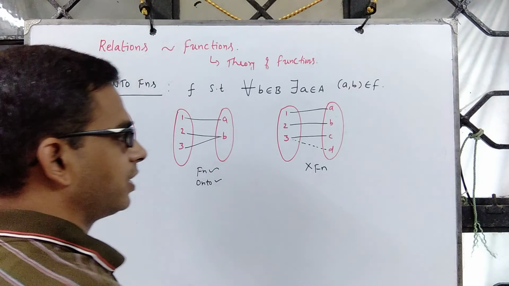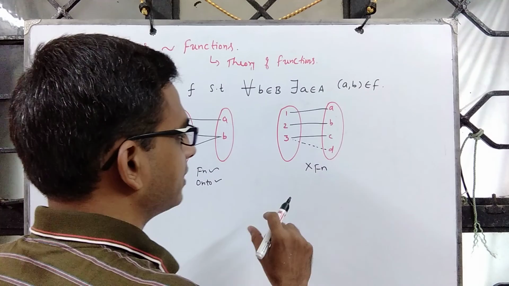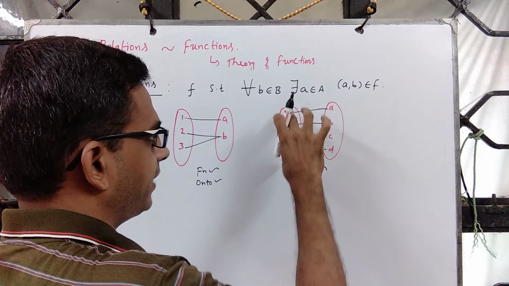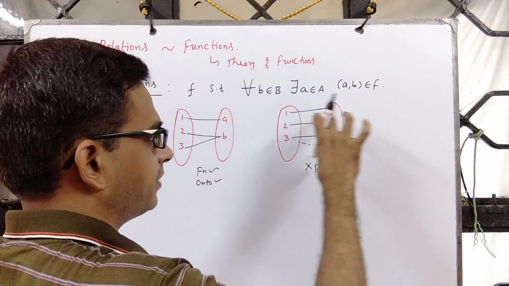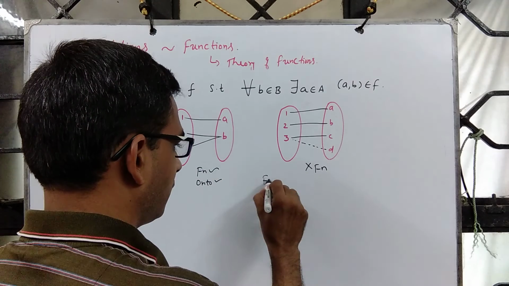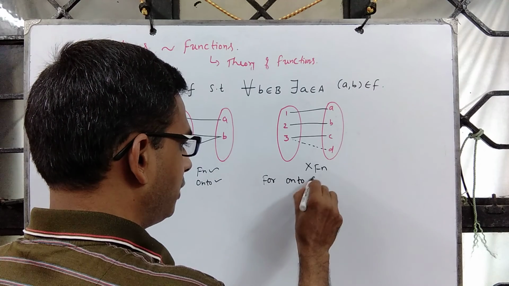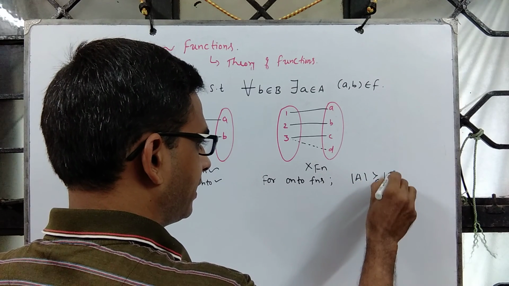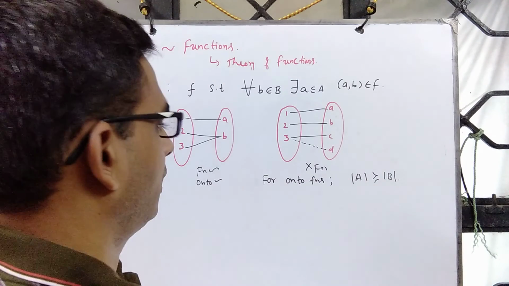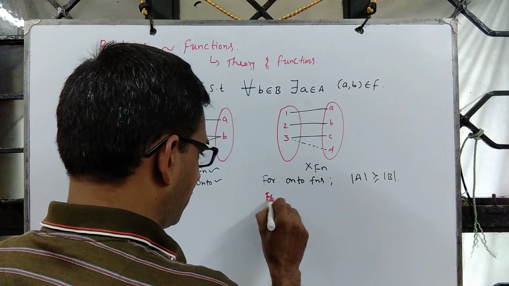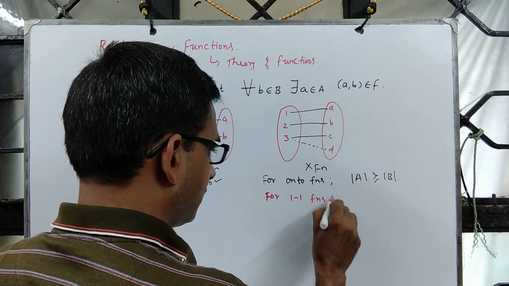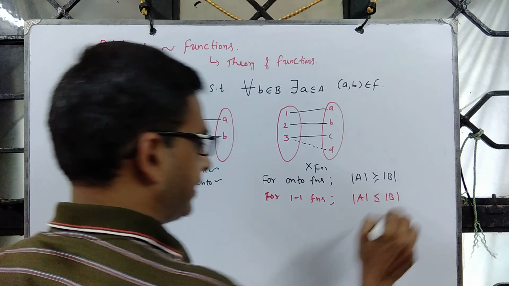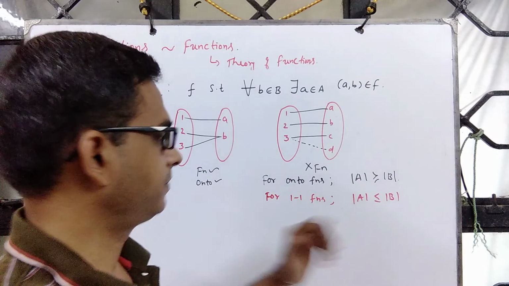Therefore, if you are looking for onto functions and we say for each of them there should be a preimage, that implies that the cardinality of this must be at least the cardinality of the codomain. So for onto functions, cardinality of A is at least the cardinality of B. Remember, for one-to-one functions, we said the codomain must be larger: cardinality of codomain is at least the cardinality of this.